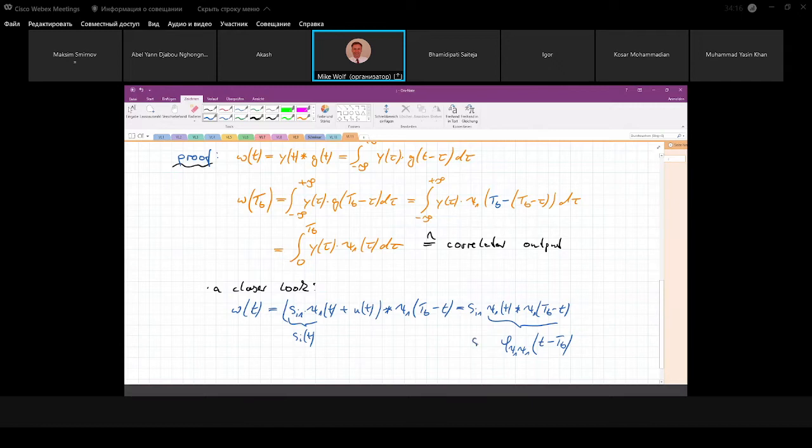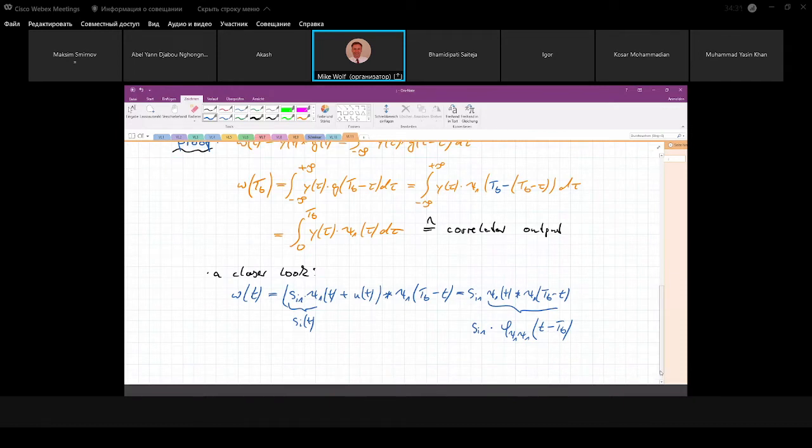This is the weighted version of this autocorrelation. Since we use a unit energy pulse, at the sampling time our autocorrelation function is just 1. So this is just 1 at T_b, because this is the autocorrelation function at 0.